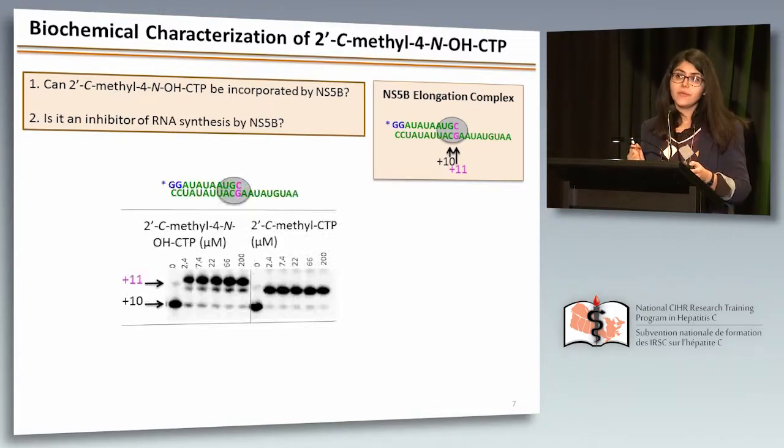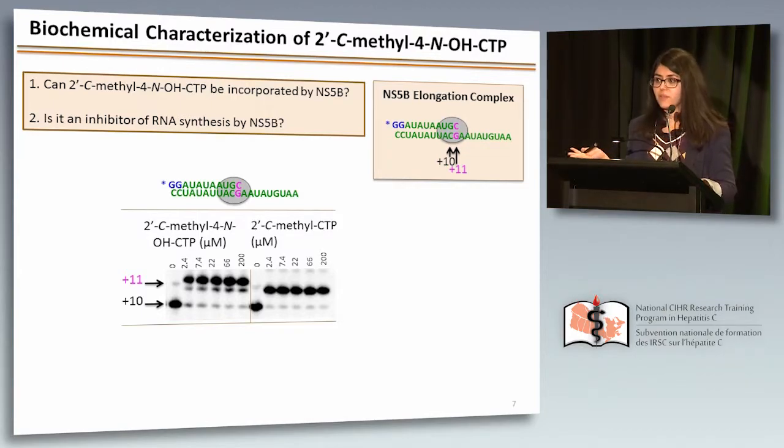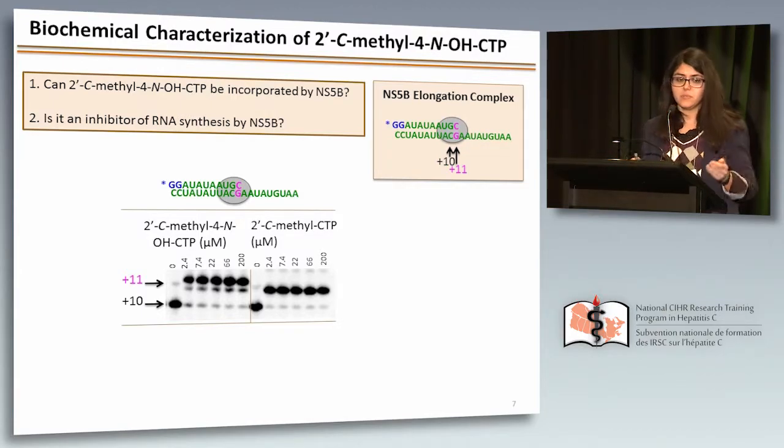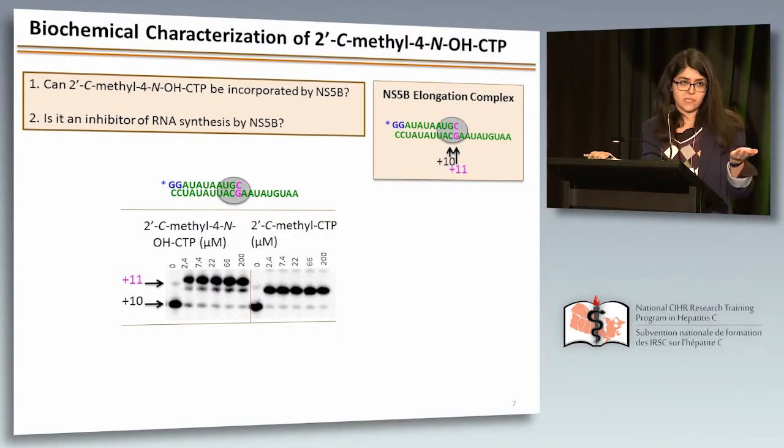When we incubate increasing amounts of either the inhibitor 2'-methyl CTP or the candidate TP metabolite for about 30 minutes, and then visualize that result on a denaturing polyacrylamide gel, what we notice is that, as expected, with our control, when we increase the concentrations, we see the appearance of this +11 band, which suggests it is a substrate.